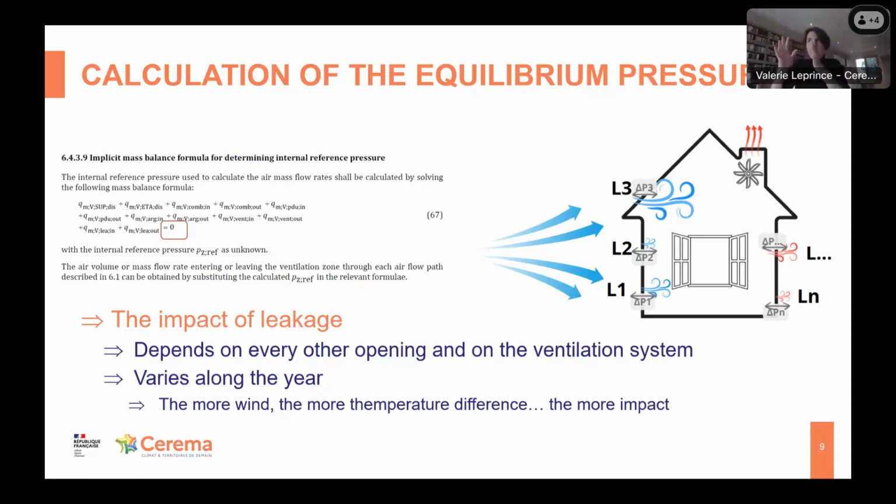So every pressure difference will be due to wind and stack effect. The more wind, the more pressure difference, the more impact. So it varies all along the year, and the impact of leakages is usually much more important in the winter when you've got more wind and more temperature difference than in the summer.